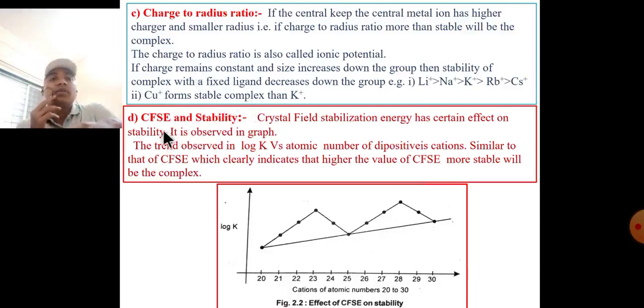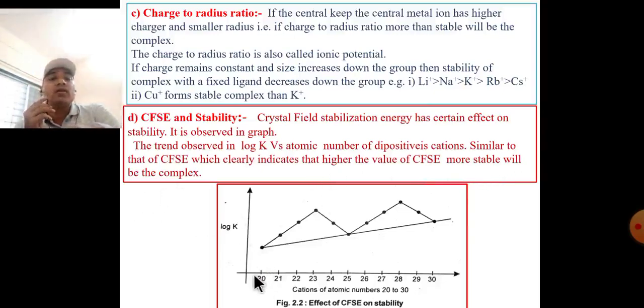Next, crystal field stabilization energy and stability. Crystal field stabilization energy has a certain effect on the stability. It is observed in the Irving-Williams graph. The plot of log K versus atomic number of dipositive cations, similar to crystal field stabilization energy, clearly indicates that the higher the value of CFSE, the more stable will be the complex.